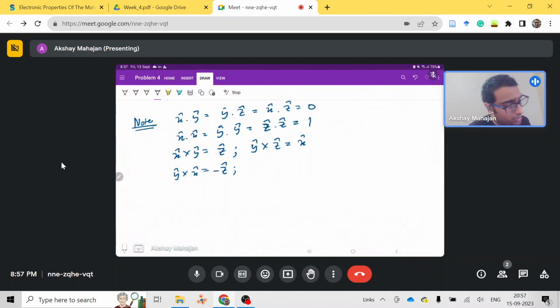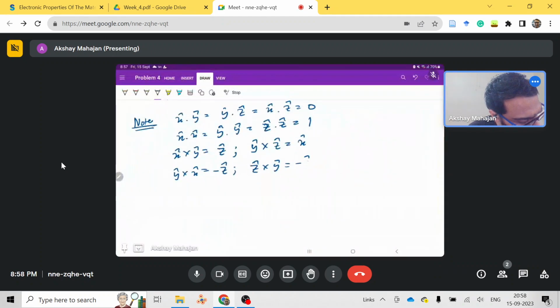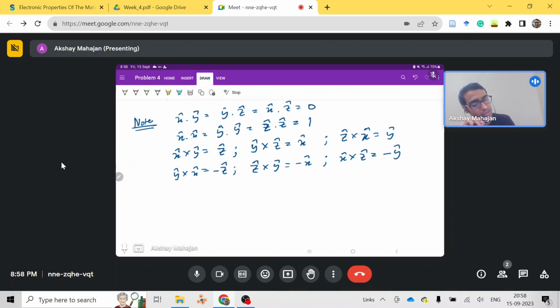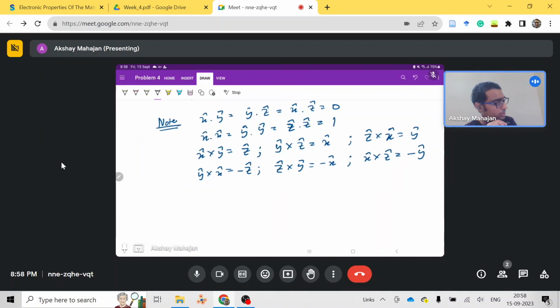And z cap cross y cap is equal to minus x cap, and then z cap cross x cap is equal to y cap, and then x cap cross z cap will be equal to minus y cap. So we need to remember these identities, and these are very easy. I guess you might already know.